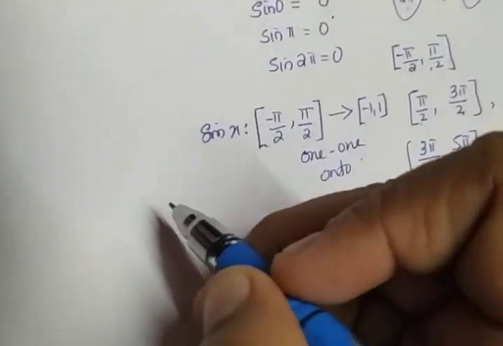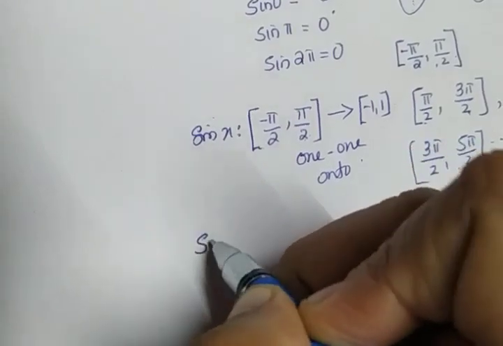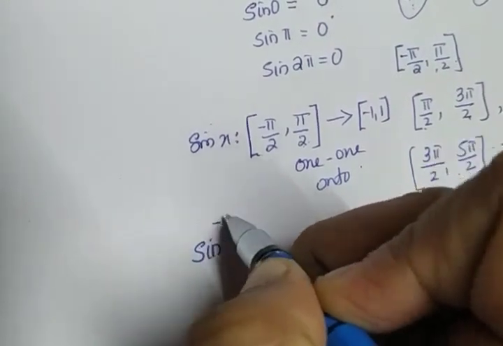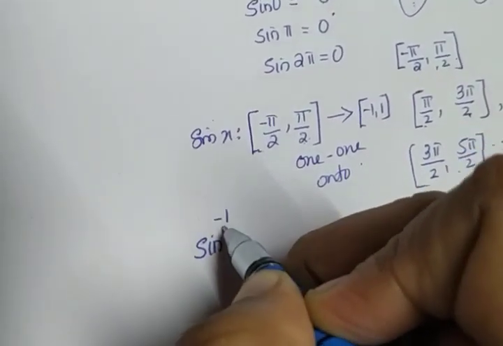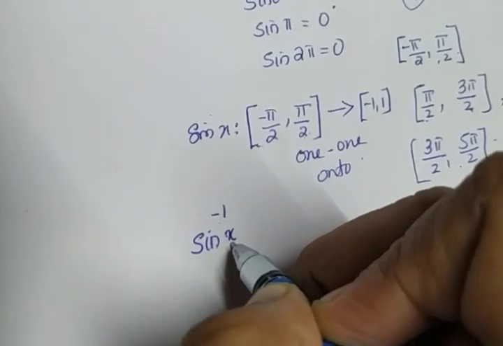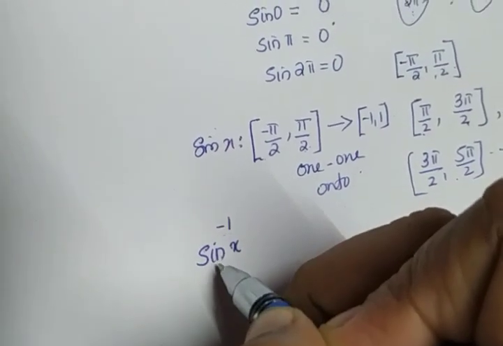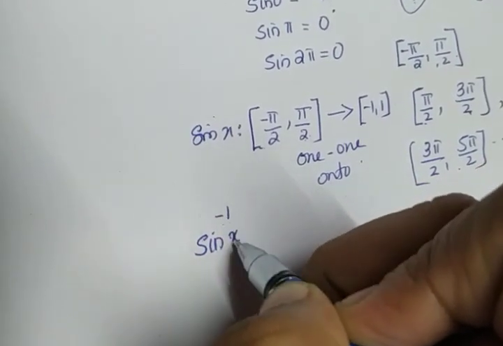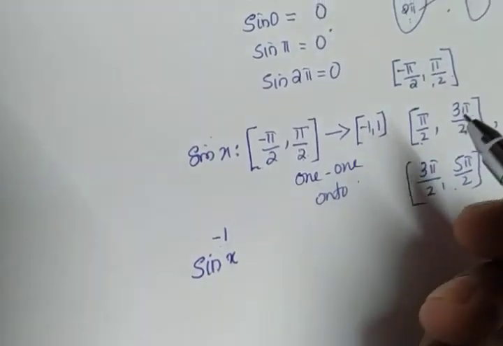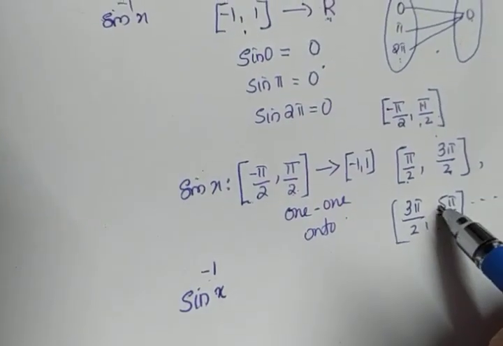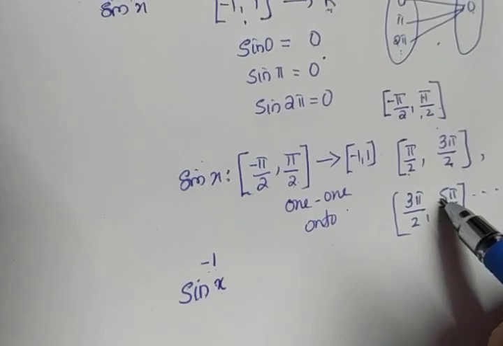The inverse of sine function is denoted by sine raised to minus 1 x. Minus 1 comes in between sine and x and it is written on top. It is read as sine inverse x. Sine inverse is a function defined from closed interval minus 1, 1 to any of these intervals.